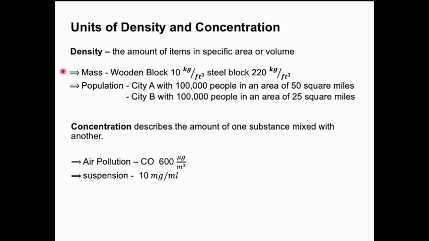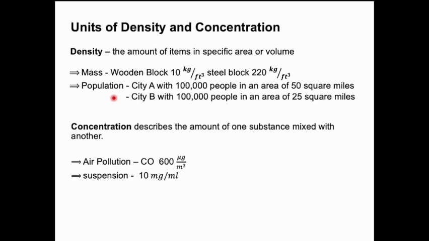Looking at the second example of density, we're going to talk about an example for population. So imagine you have 2 cities. You have a city that has a population of 100,000 people, and the area of the city is 50 square miles.